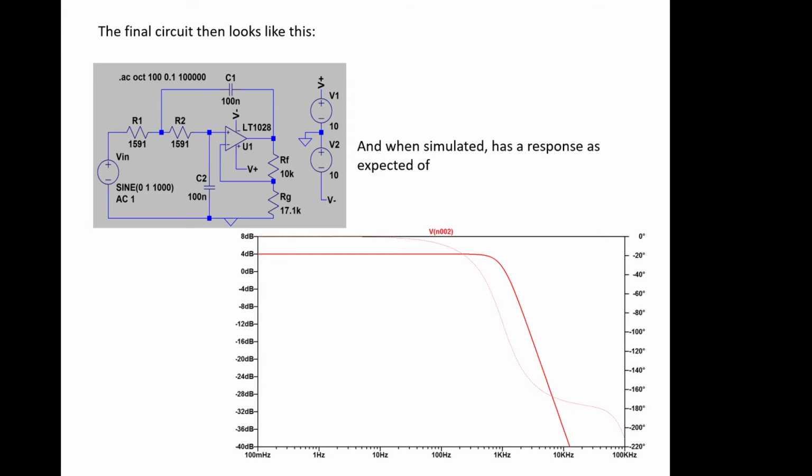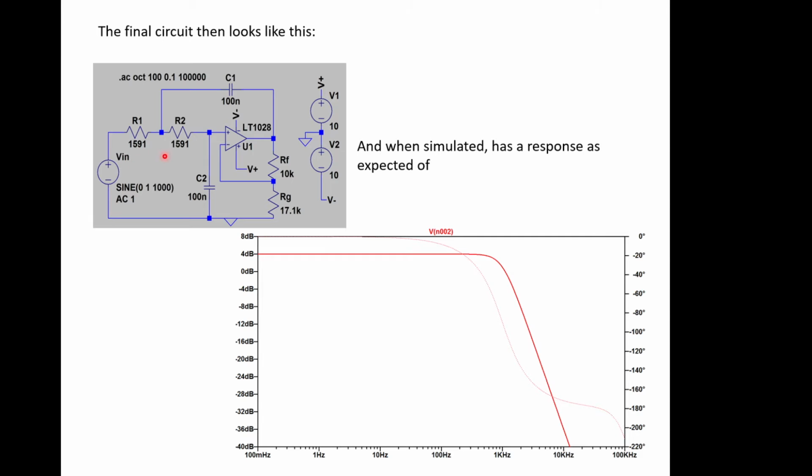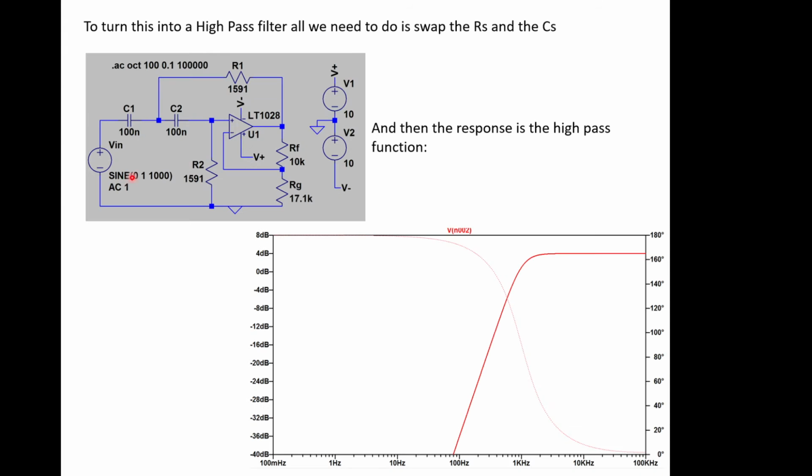Very good. So to turn this into the high pass filter, because it's a Butterworth, we just swap the R's and the C's around. So here's some R's and there are the C's, and now we just put some C's here and some R's here. Same gain, same everything else, and we simulate that and we end up with exactly the same response, but mirrored, if you like, around some factor here.